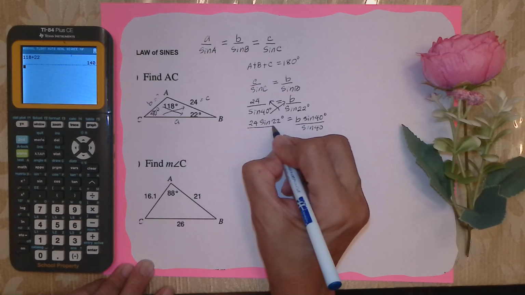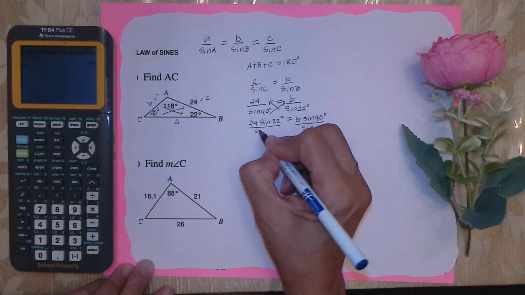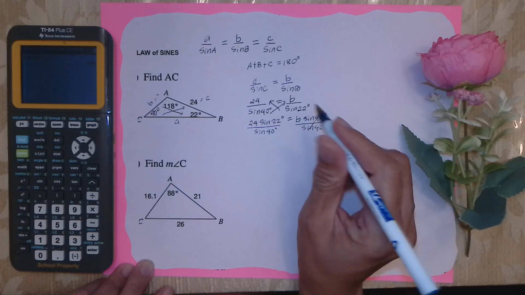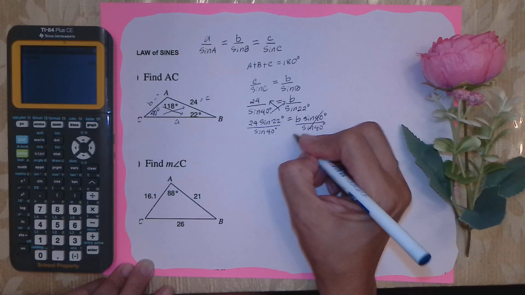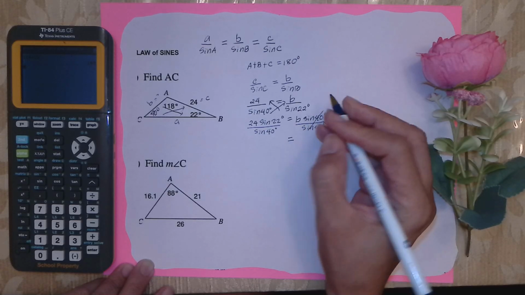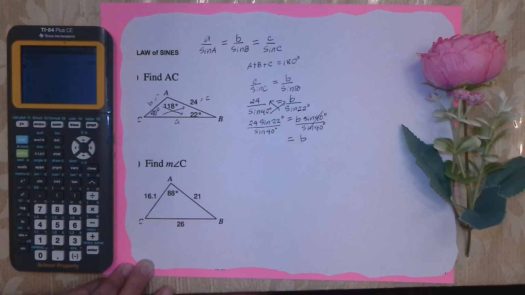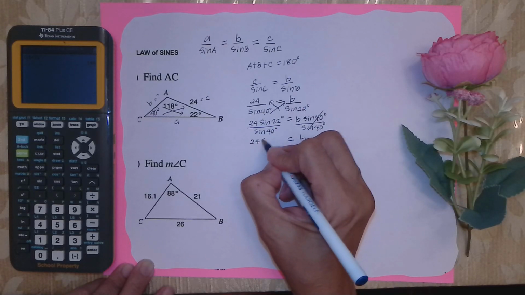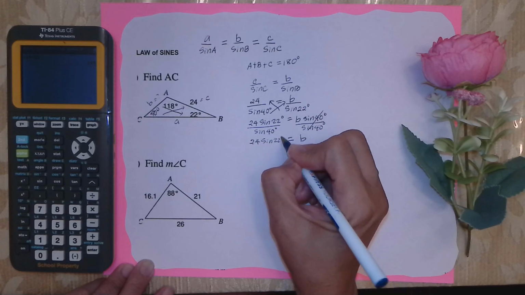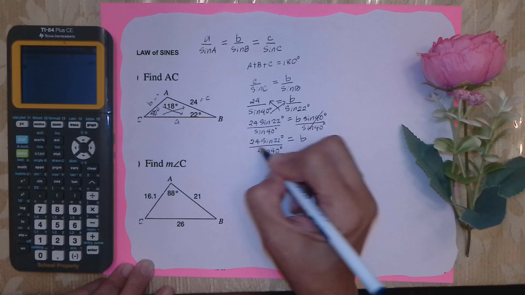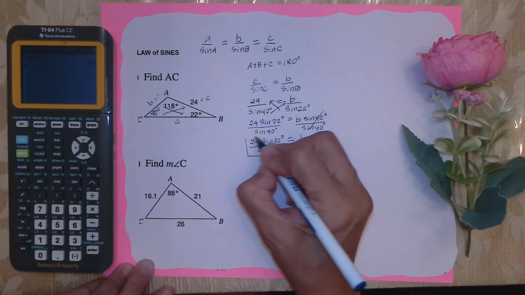Whatever you do on one side, don't forget to do on the other side. Now we can cancel this, that's b only, because sine 40 degrees divided by sine 40 degrees is 1, and 1 times b is b. So your exact value for b is 24 sine 22 degrees over sine 40 degrees. This is your exact value.